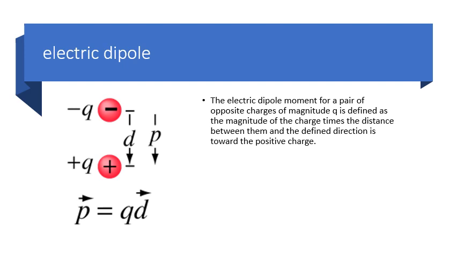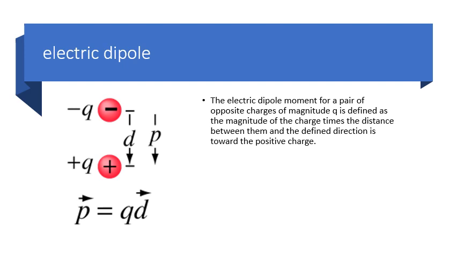Whenever we use the term electric dipole, the electric dipole moment for a pair of opposite charges of magnitude q is defined as the magnitude of charge times the distance between them. Actually, the dipole moment is a multiplication of two things. The magnitude of the same charge.